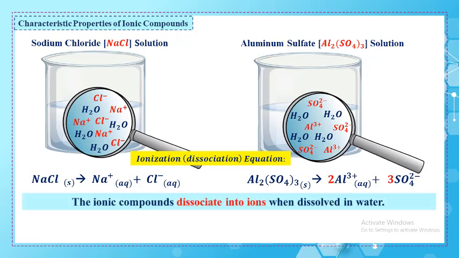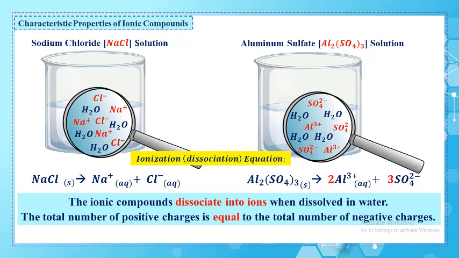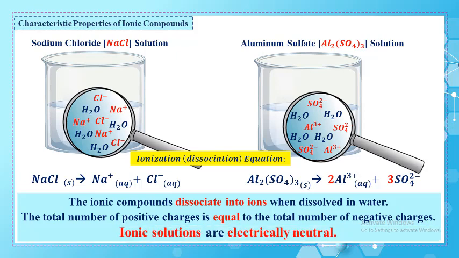Notice that the ionic compounds dissociate into ions when dissolved in water. The total number of positive charges is equal to the total number of negative charges. Therefore, ionic solutions are electrically neutral.